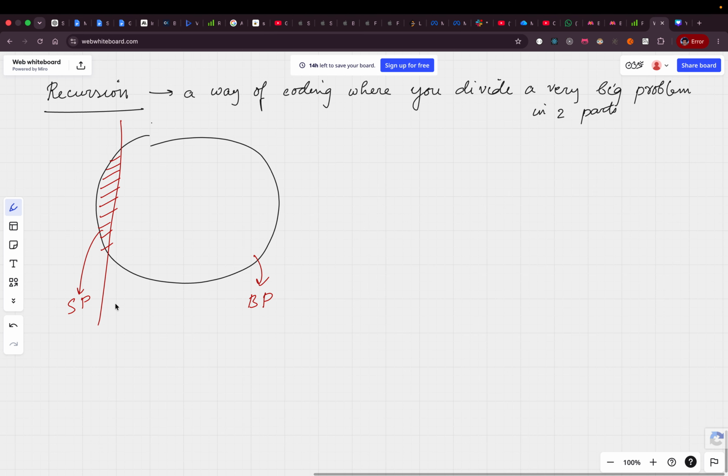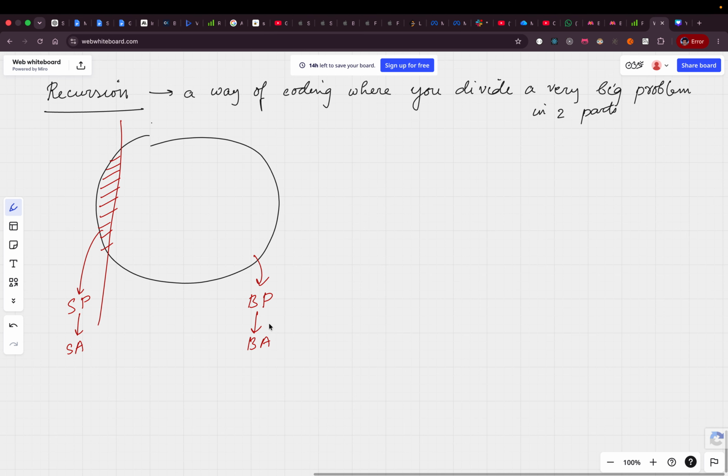Now, you will solve this smaller part of the problem. Suppose you solved it, and the answer of this is the smaller answer. And you will ask recursion to solve this bigger problem. Let's say this bigger problem's answer is the bigger answer.